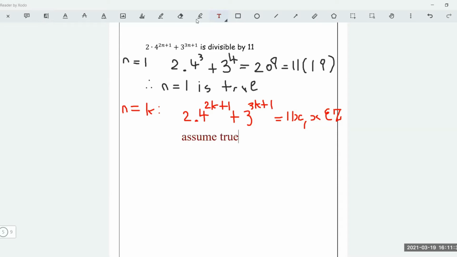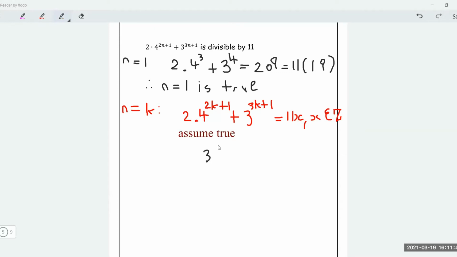Now, since we're going to utilize 3 to the 3k plus 1 later on, I'm going to rewrite this as 3 to the 3k plus 1. I'm going to make this the subject. This is going to be equal to 11x minus 2 times 4 to the 2k plus 1.